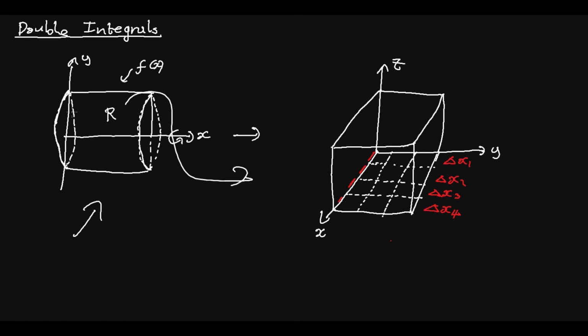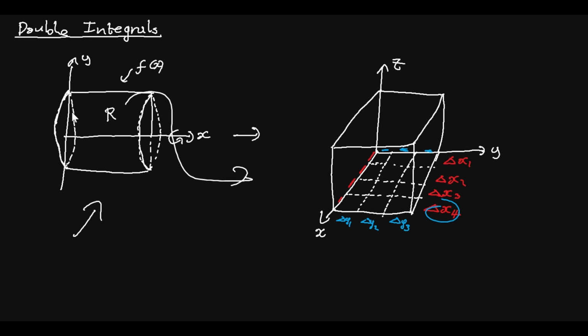Okay, so on this side, you can see on the y side, this could be delta y1, y2, y3. Okay, so the number of choppings is not the same, as you can see.